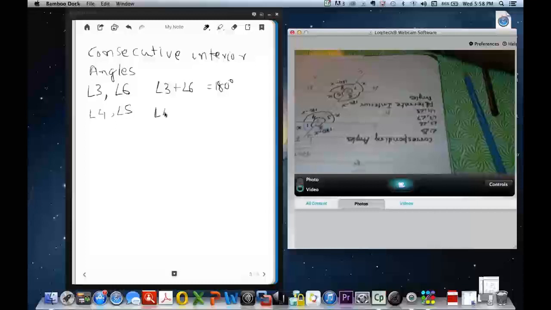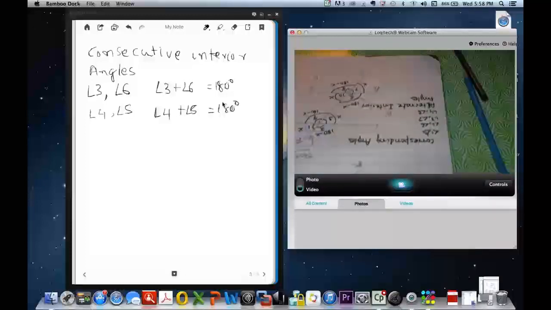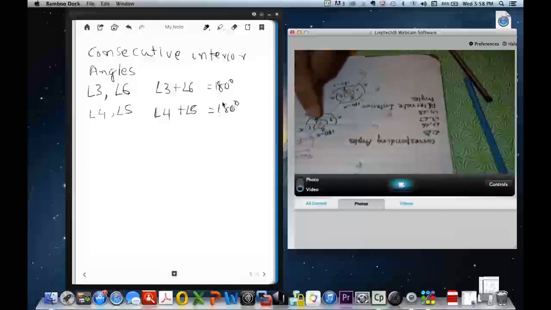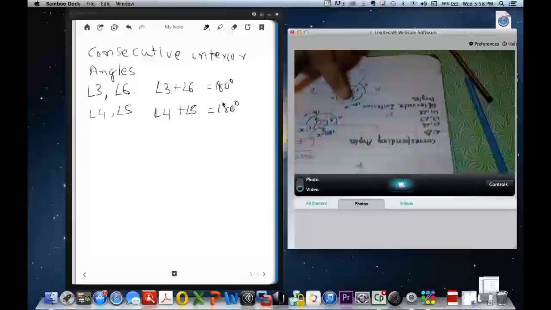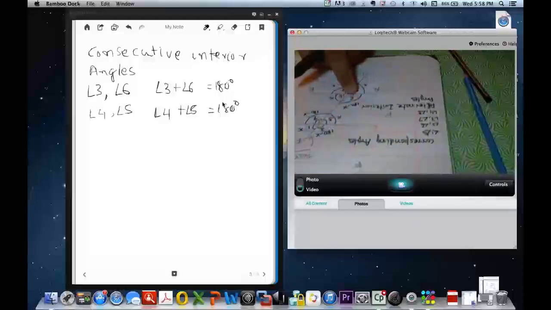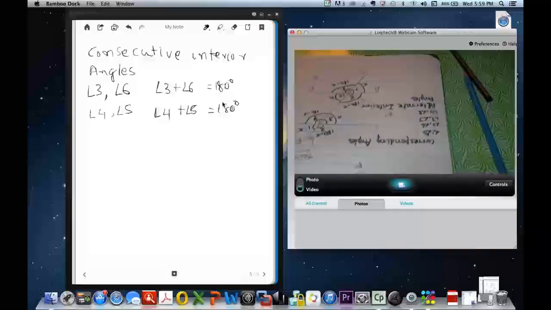And similarly angle 4 plus angle 5 is going to be equal to 180 degrees. These are two pairs of consecutive interior angles, and the sum of each pair is going to be 180 degrees.